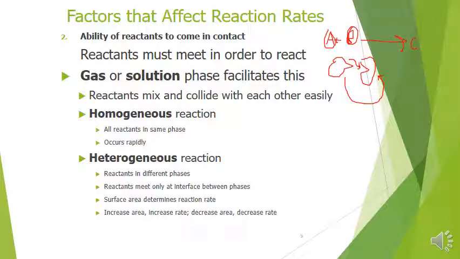If you ever get into biochemistry, you'll talk more about enzymes and how they work. Gases and solutions really facilitate reactions because you have a homogeneous mixture where things are moving around randomly and they'll hit each other a lot easier.